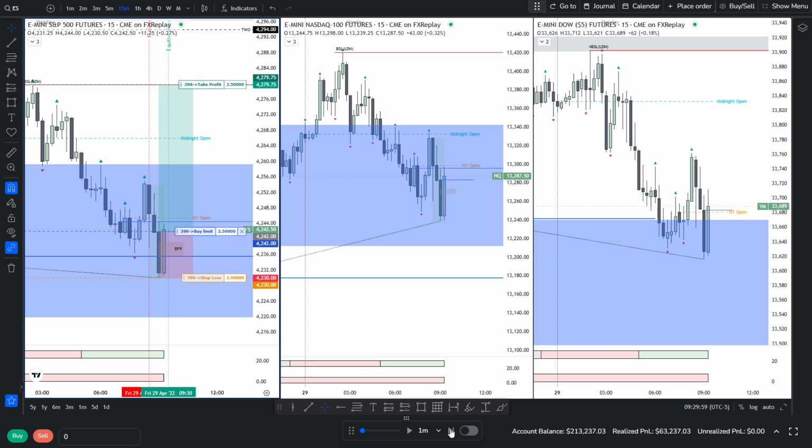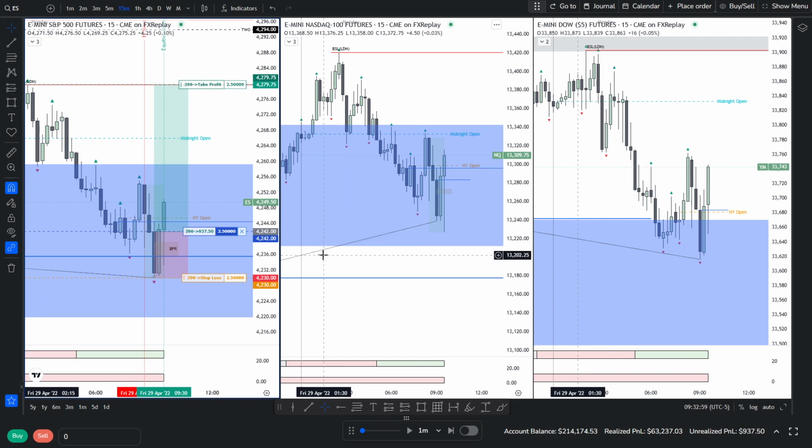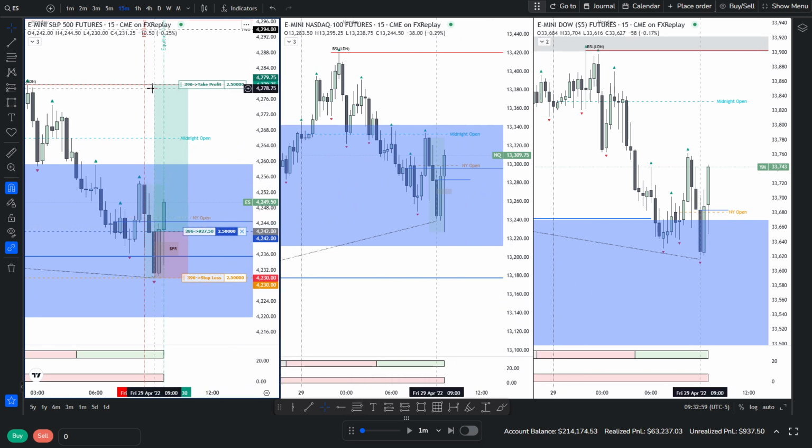Okay, so we've accepted the risk. So new candle should form. So we're in. Oh, well, that's not good. Much better. So NQ would have been a bit of an issue. So I want to note that high.